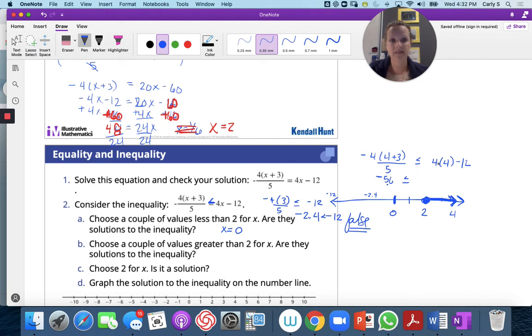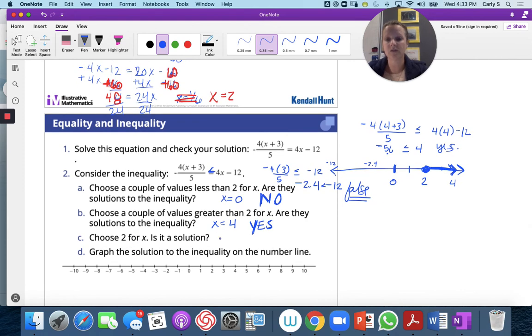And here I have 16 minus 12, which is 4. Is negative 5.6 smaller than 4? Yes, it is. Okay. So when I did this, that was a big old no. And I tried x equals 4. And that is a solution.